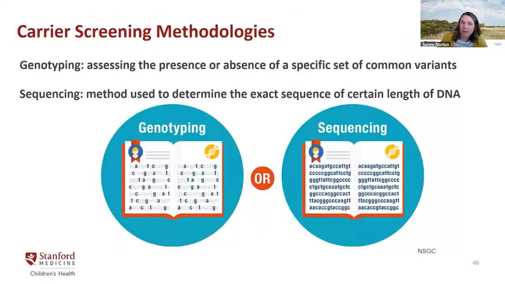Previously, carrier screening specifically for cystic fibrosis was done with genotyping, looking for the presence or absence of specific common variants, but now we primarily do sequencing, reading the exact sequence of the gene, which increases the detection rate and allows us to find more rare variants that might be less common in the general population.